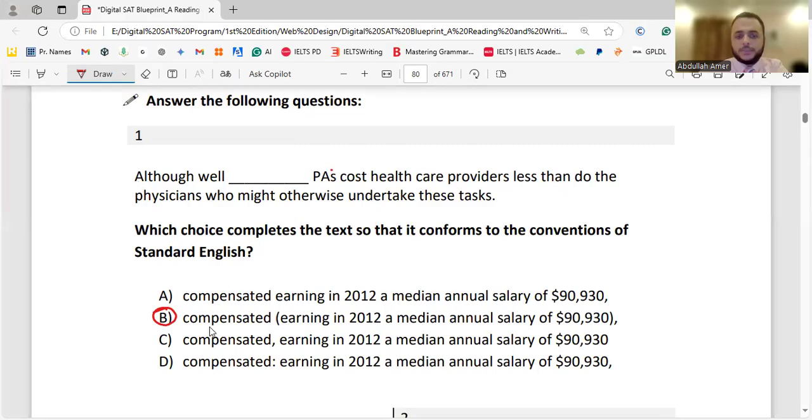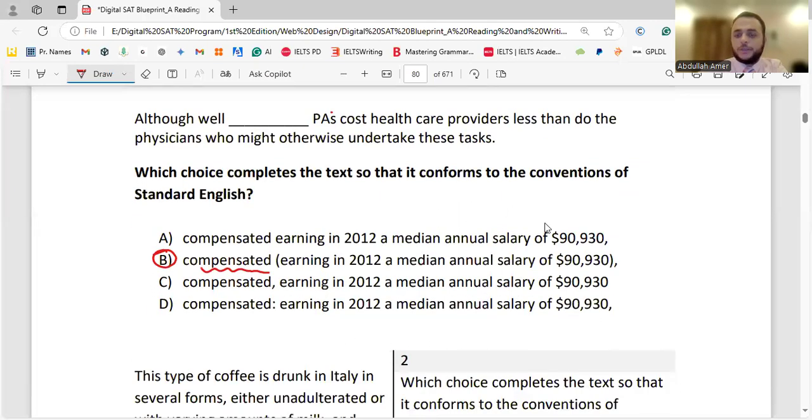Although well compensated, earning in 2012 a median annual salary of $19,930,000, PAs cost healthcare providers less than do the physicians who might otherwise undertake these tasks.